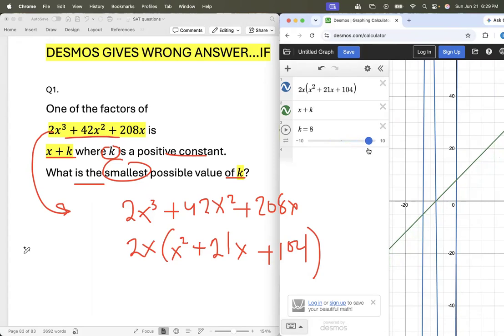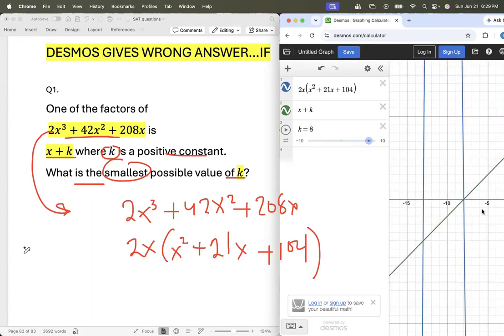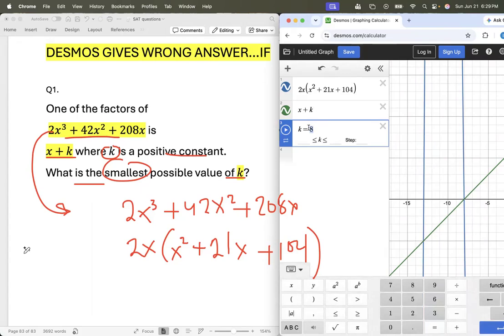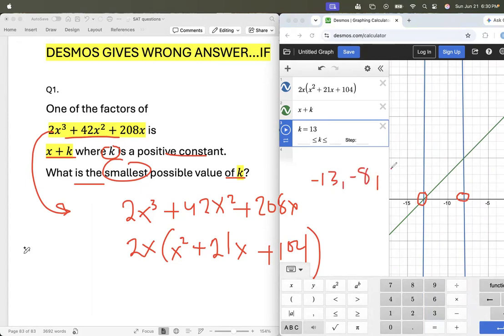You can see it goes there perfectly, right? And the third one, if you put the 13, it just lines up perfectly. And therefore, these are the actual roots of the equation. Remember, these are negative 13, negative 8, and 0.